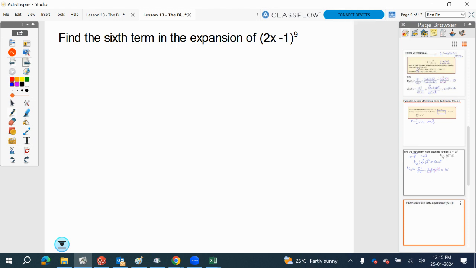Then you do it's a to the n, then it's b, so n minus r, a to the n minus r, then b to the 5. And then negative 1.